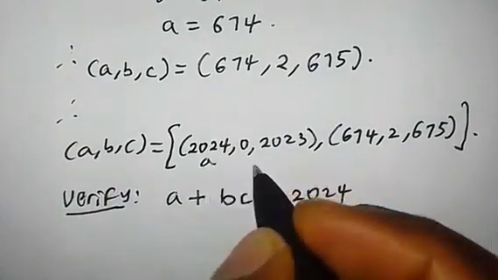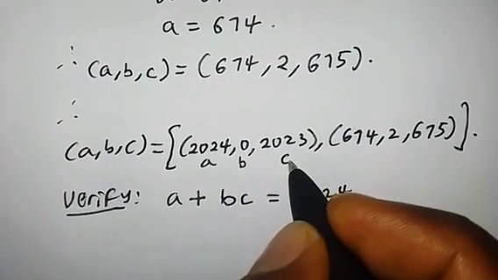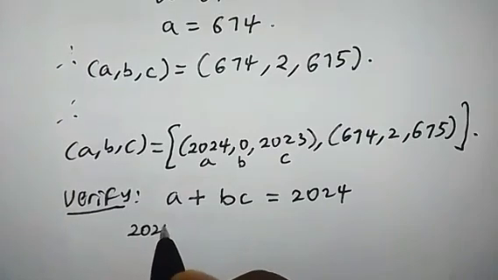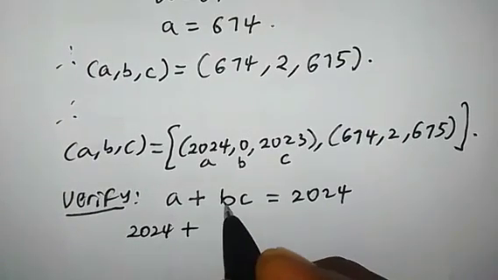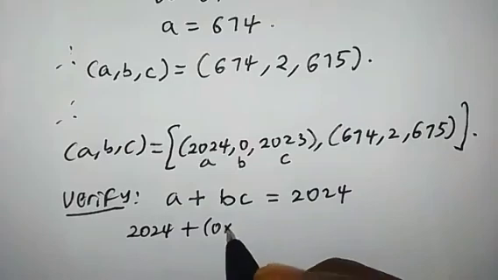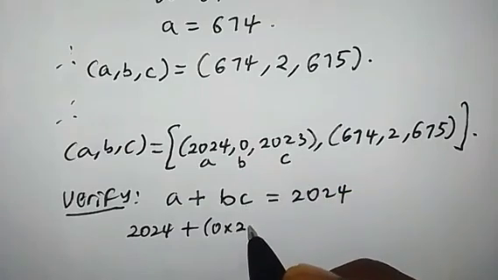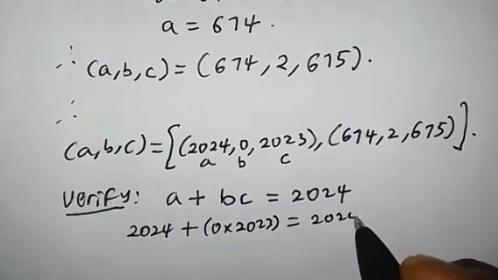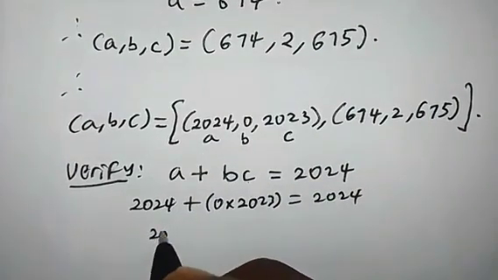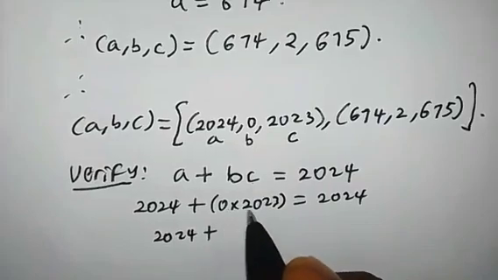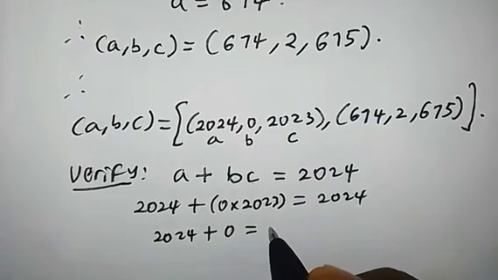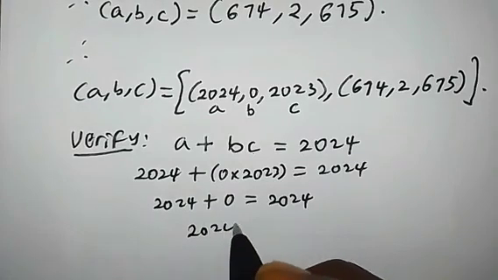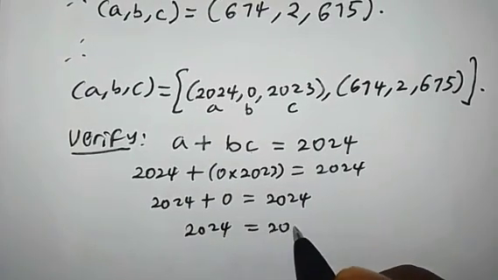This is our A, this is B, and this is C. In place of A, we write 2024 plus, in place of B, that is 0, times C, 2023, equals 2024. 2024 plus 0 times this, that is 0, equals 2024. 2024 plus 0, that is simply 2024, equal to 2024.